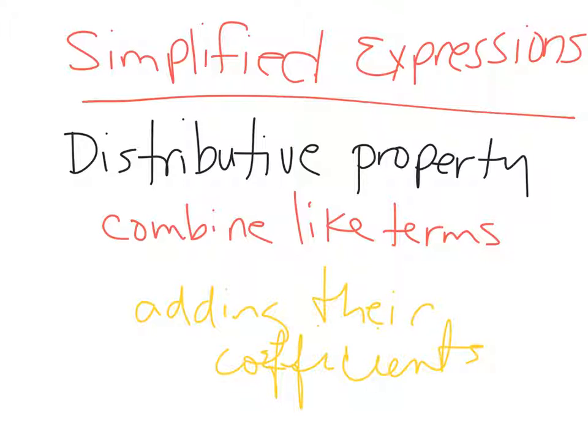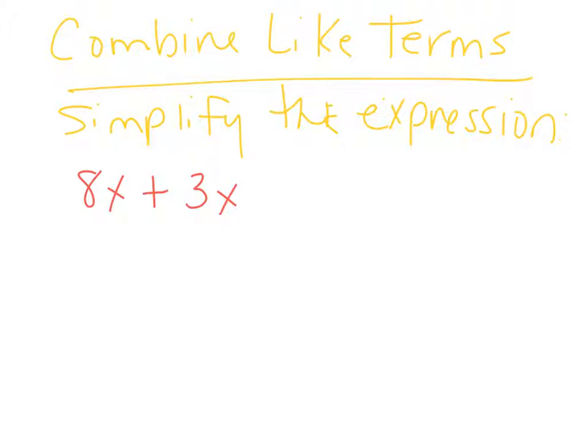So simplified expressions. The distributive property allows you to combine like terms by adding their coefficients. An expression is simplified if it has no grouping symbols and if all the like terms have been combined. So we can combine like terms, and the first thing we're going to do is simplify the expression.